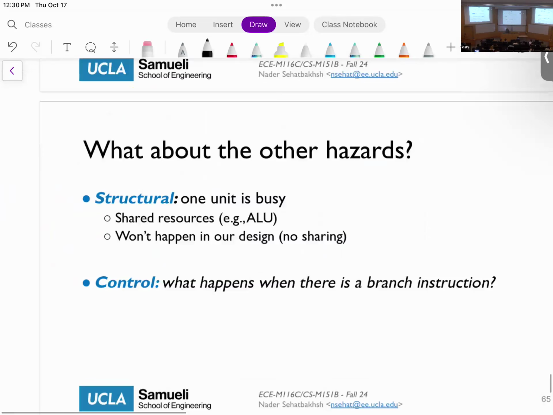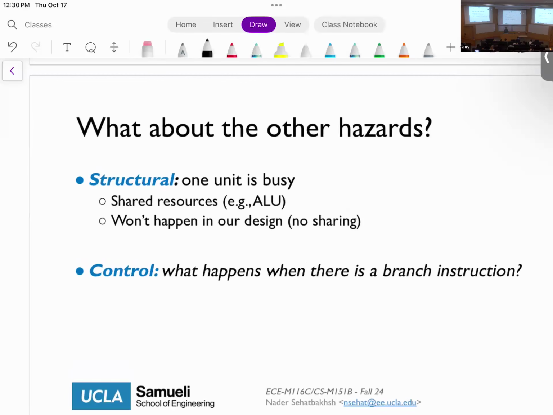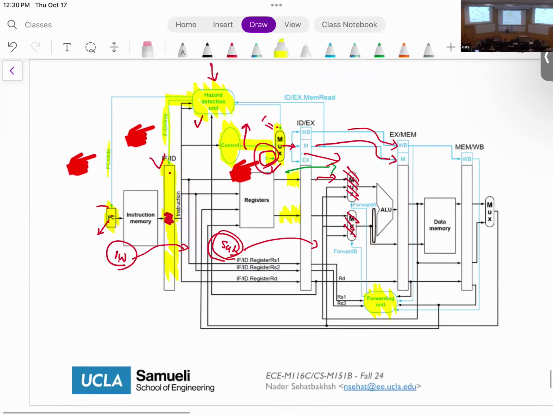All right, so if I remember, I told you that there are two other types of hazards as well. This is what we call structural hazard and control hazard. Structural hazard is rather straightforward. If one of the units that we are using is busy, we're going to have what we call a structural hazard. So for example, if I go back here, remember that this is a pipeline, which means that an instruction needs to go to the next step, next step, next step.